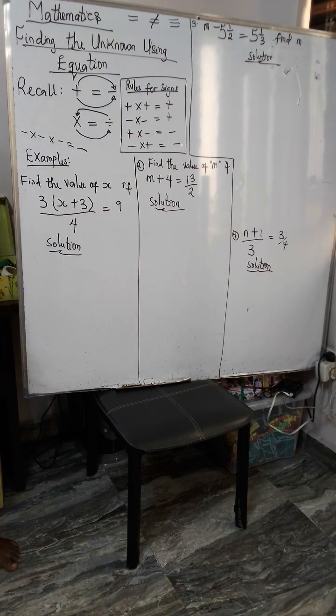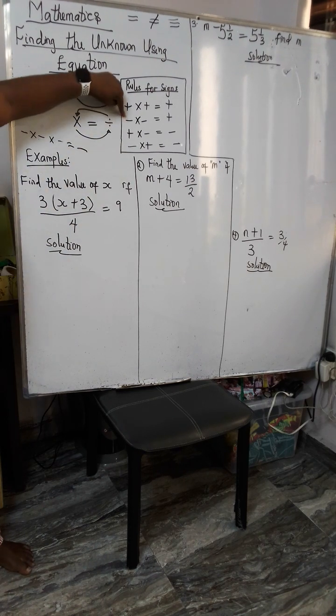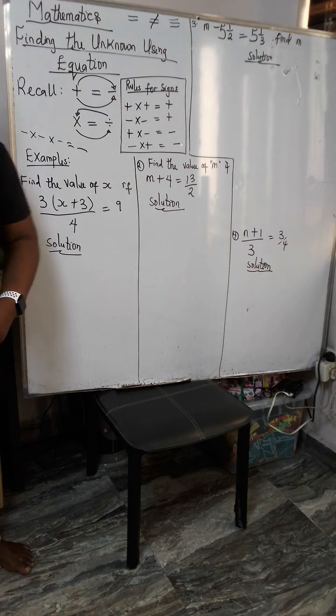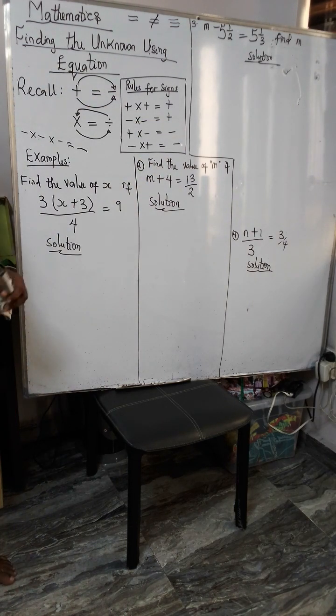But if I have minus times minus times minus, it will not give me plus, rather it will give me minus. Because I have 1, 2, 3 here, and 3 is an odd number. With 2 minus signs, that's an even number, and I'll get a positive number as my answer. So it is very, very important that we take note of this.